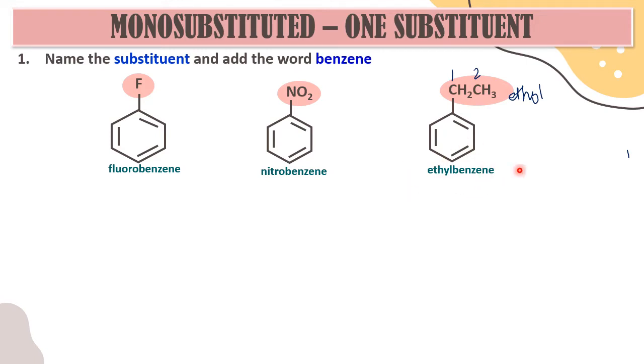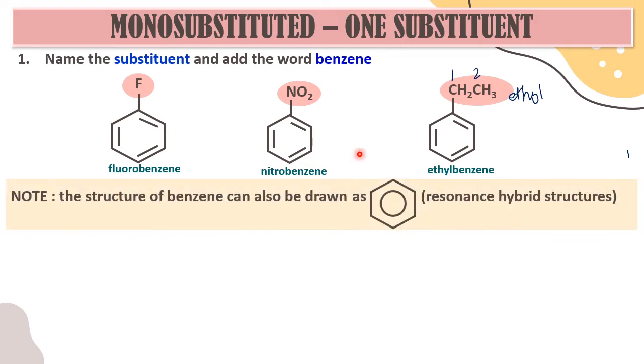When naming the substituted benzene, the L and the B must be close together. In other words, it will be one word only. There is no numbering for this one, because we only substitute one hydrogen with another substituent, so you don't have to number it.